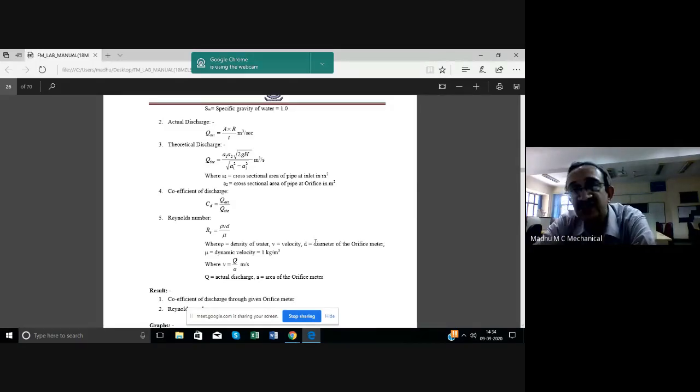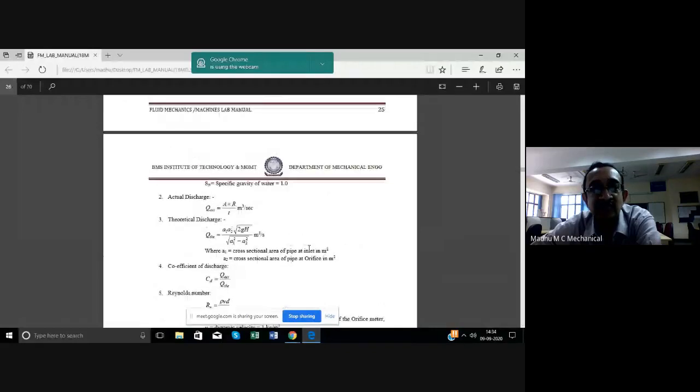A is the area of the tank, R is the rise in water level, which is 10 centimeter or 0.1 meter. Take it as 0.1 because all should be in units of meters, divided by time. I have given you the area, R and T values. Calculate actual discharge. Next, theoretical discharge. A1, A2 are calculated from the given diameters D1, D2.